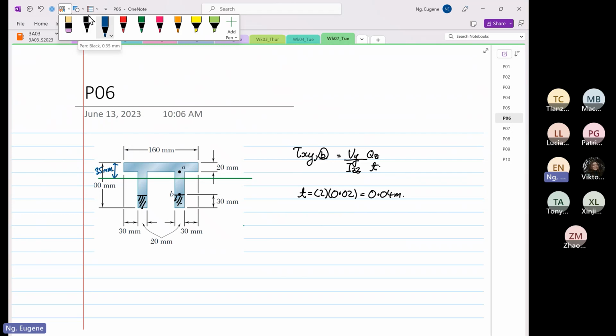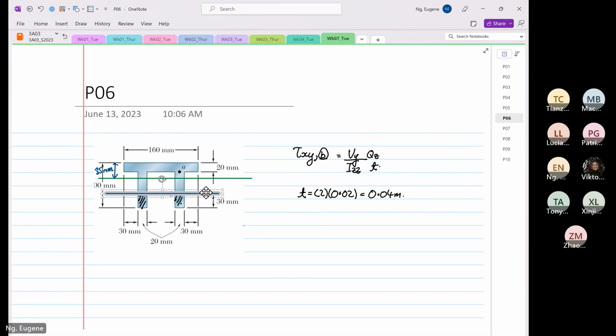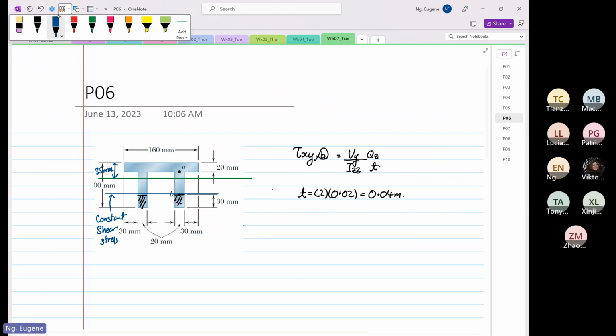If I draw a straight line like this at cross point B, this line is our constant shear stress line. It happens to intersect both areas, the left and right web. So when that's the case, you have to find what your Qz is.